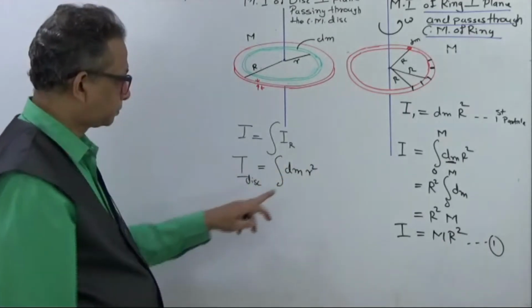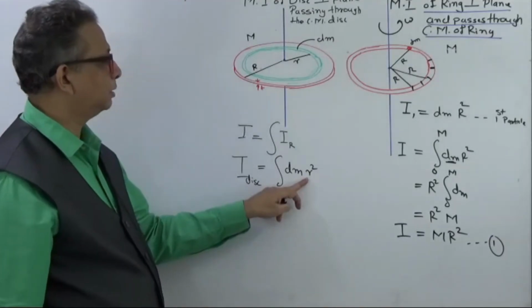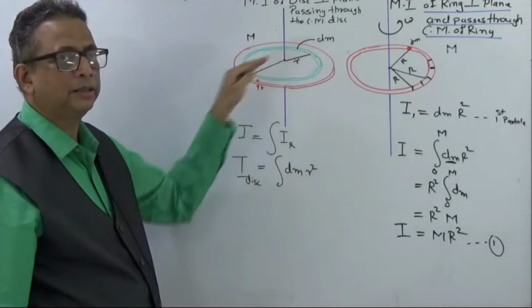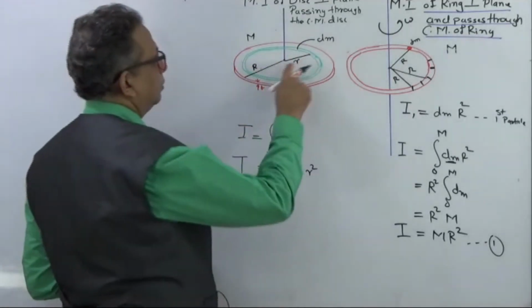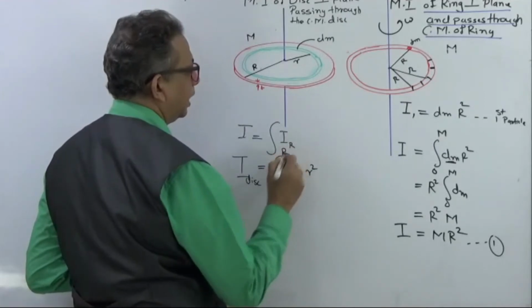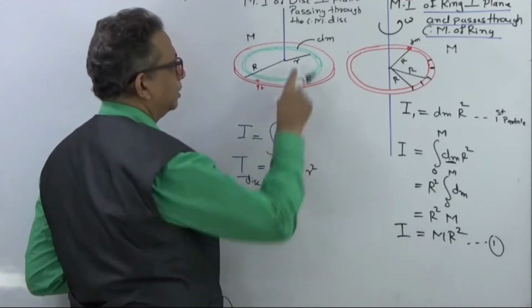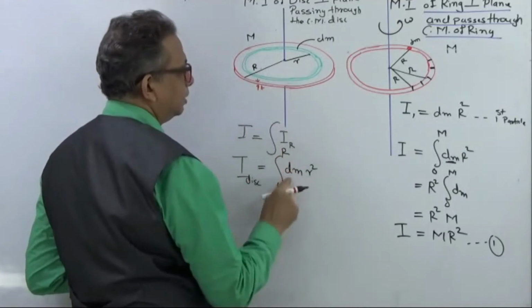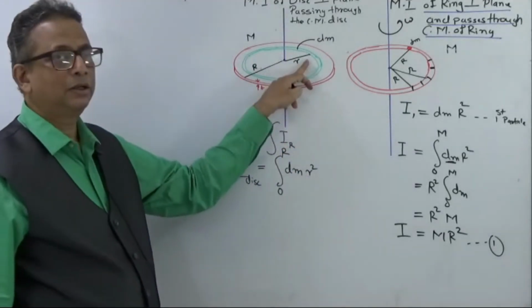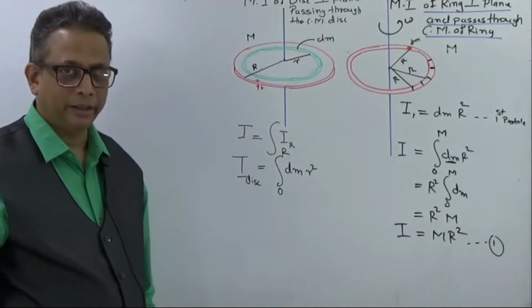Now this r is varying from where? How much radius of rings should I have? One ring has r equal to 0, and the maximum radius will be R. So I am going to integrate from 0 to R, where R is the maximum radius of the disk and r is the in-between radius of one small ring that we had taken, correct?